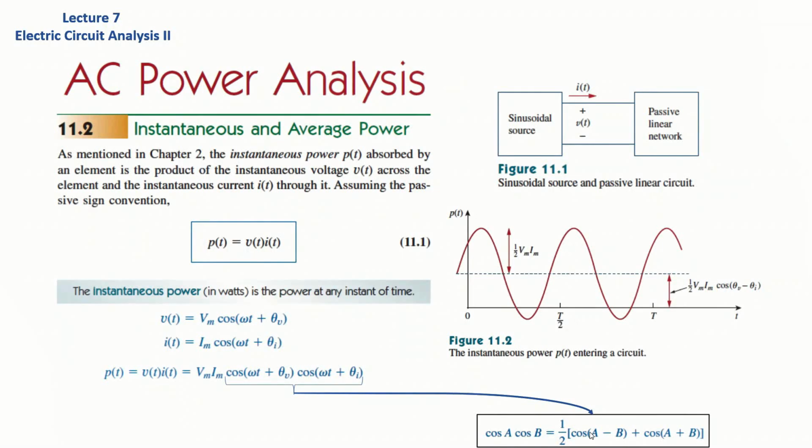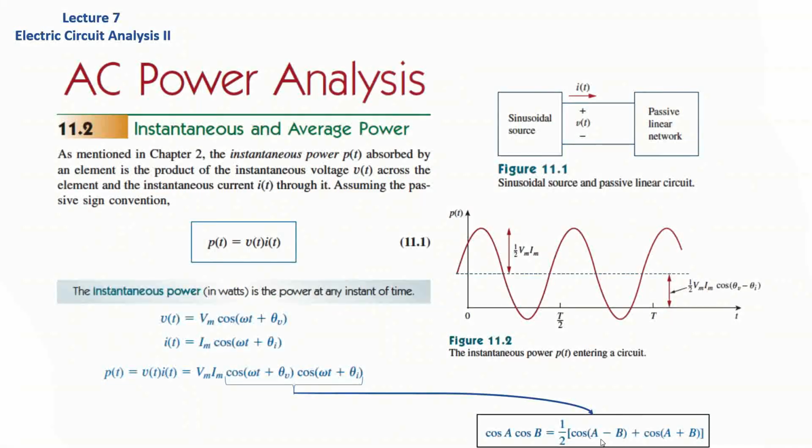From this trigonometric identity, we can obtain a more meaningful representation of this multiplication of two cosines. We can write cos A into cos B as 1 by 2 into cos(A minus B) plus cos(A plus B).